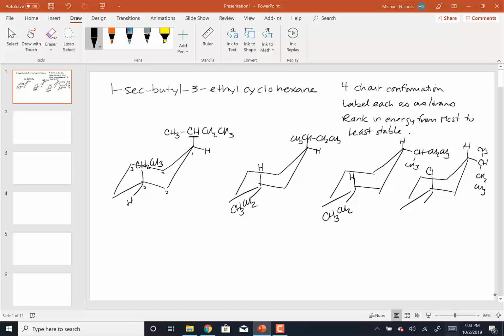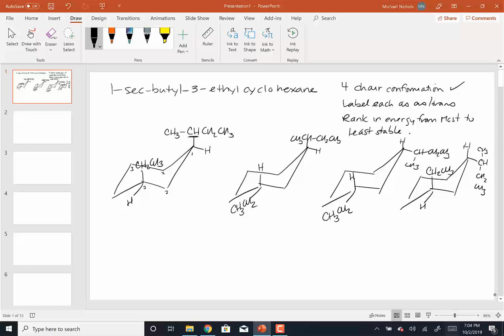And then finally, the sec-butyl equatorial and the ethyl group axial. So those are the 4 combinations. Both groups equatorial, both groups axial, one axial, the other equatorial, and vice versa. So I've drawn the 4 possible conformations. Now the question is, do I have to write in the other hydrogens? I actually don't have to. So I have now completed step 1.